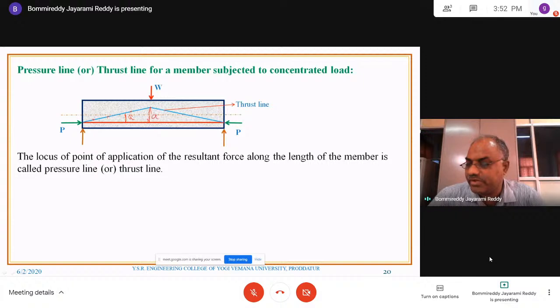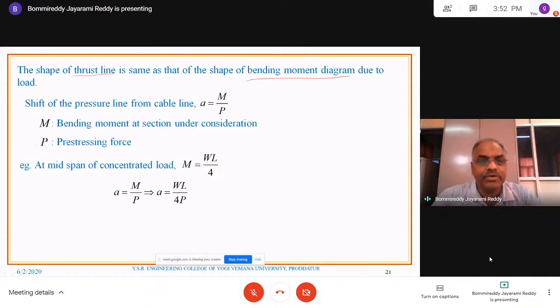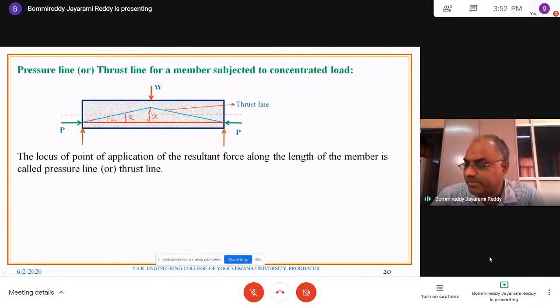This is a. So at any point we can find out how much is the shift of the position of the thrust from the cable. So for that, a will be equal to M by P. The shift of the pressure line from the cable is a equal to M by P. It is not a new formula. Don't think that nothing is there in it. No formula at all. What is the moment at this point?